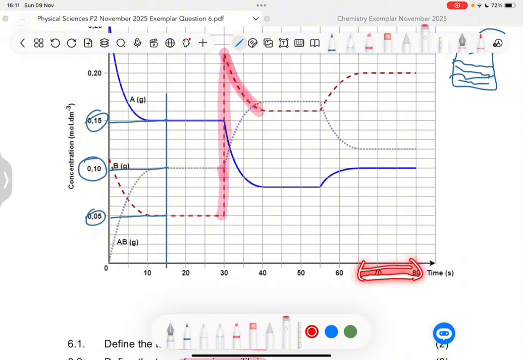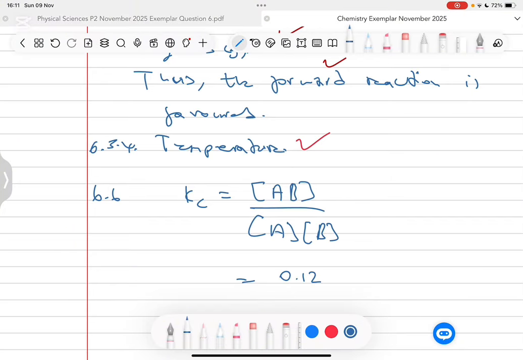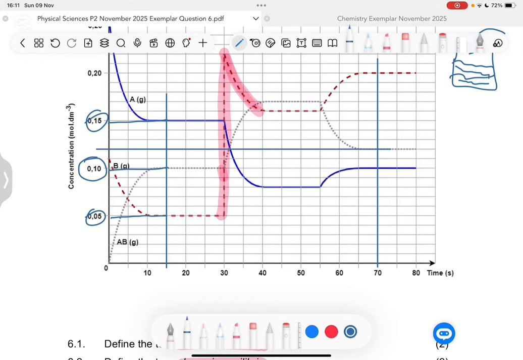So I can take any time here. Now if I take, let's say, 70 seconds here, and I look at the concentration of AB, which is this one here, I'm reading 0.12. So it means I'm going to have 0.12.